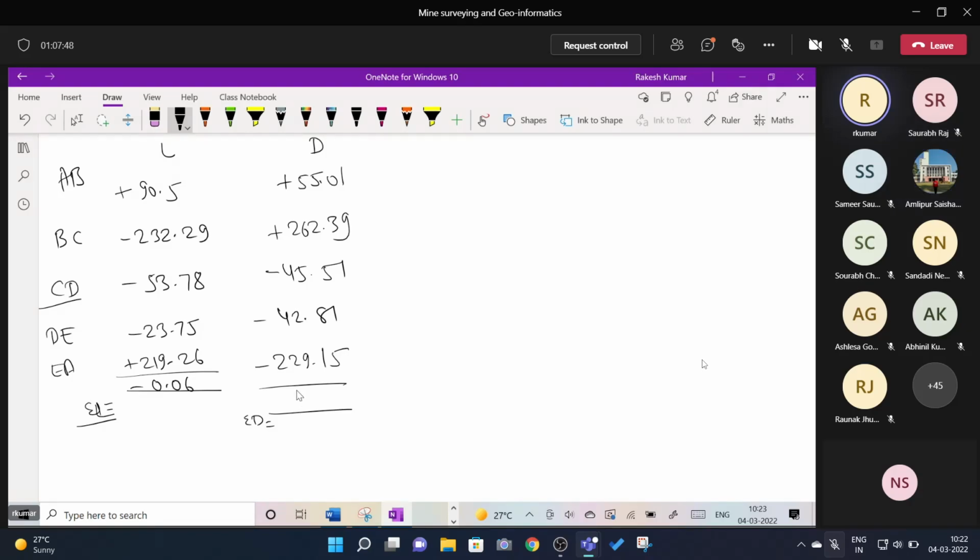Here, minus 0.07. So it means your summation of latitude and summation of departure are almost equal. So now if you do it by this length, there is no closing error.